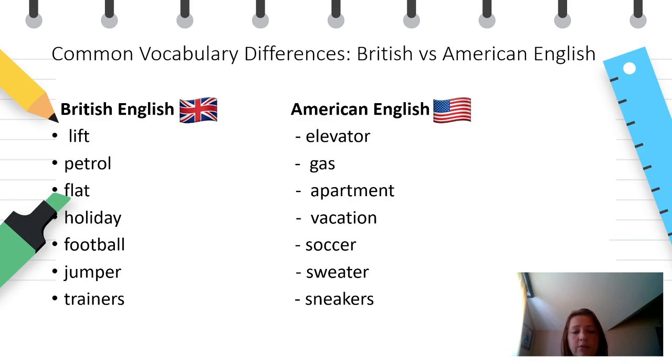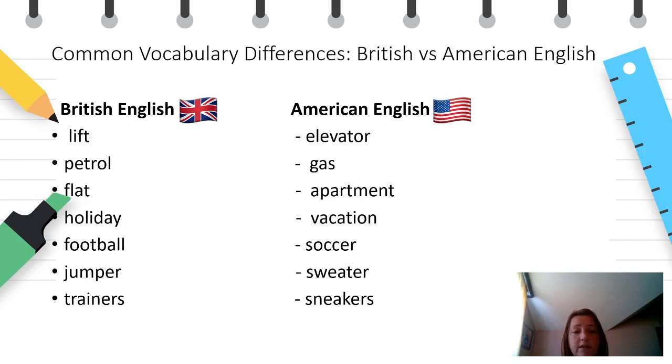Holiday is another British word for a time when we don't have to go to work or school. I'm on a holiday, or I'm thinking about the holidays. And in American English, the equivalent word is vacation. I'm on a vacation.